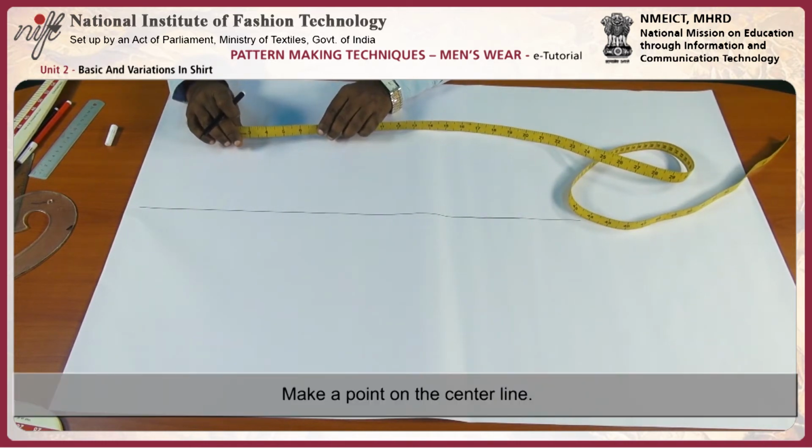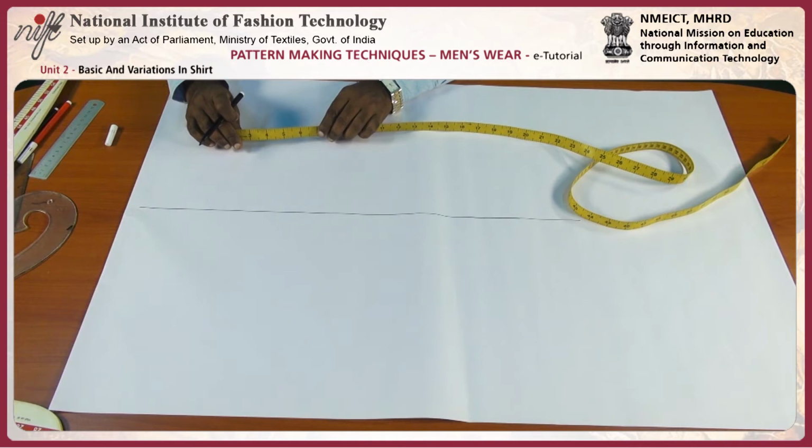Front sleeve. Make a point A on the center line and draw perpendicular line from point A and mark point B after measuring the length using the formula half armhole circumference minus 3 centimeter.